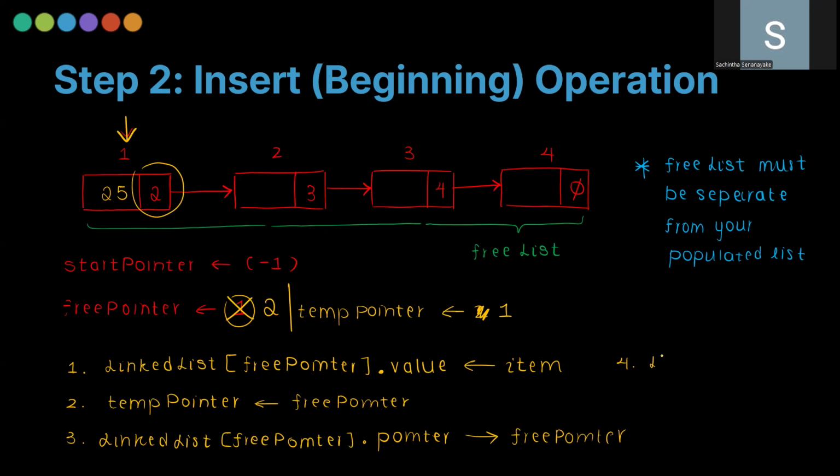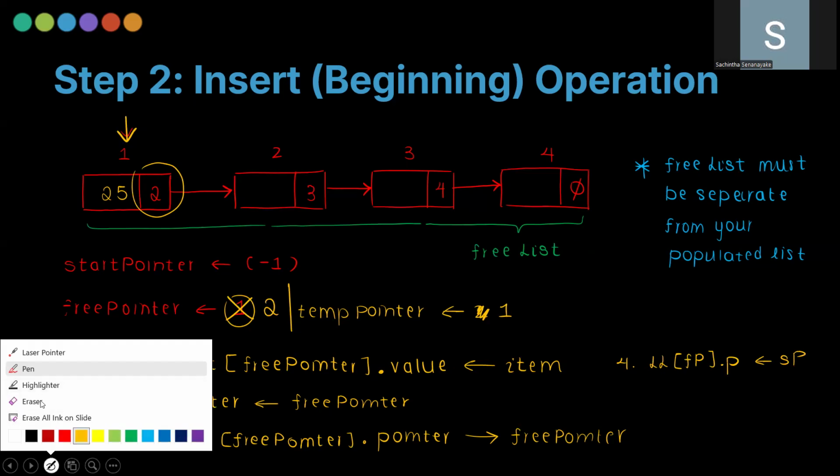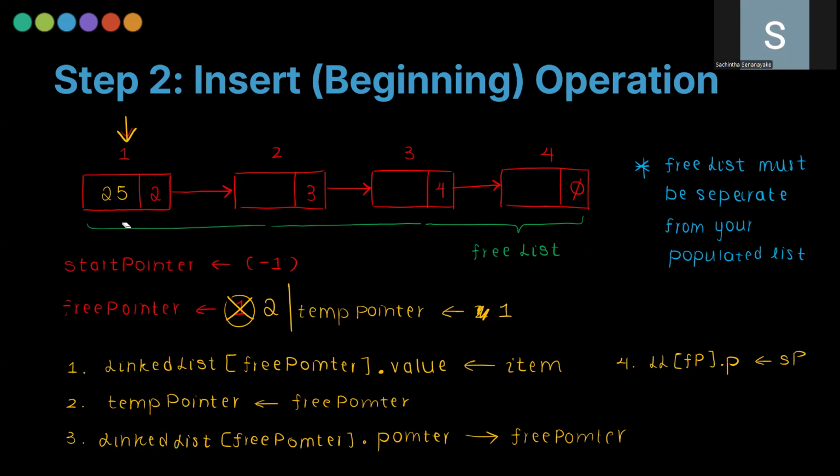So if I were to summarize this, linked list free pointer dot pointer should be set to start pointer. So what is the start pointer's current value, guys? That should be -1. So we update this node's pointer to -1.